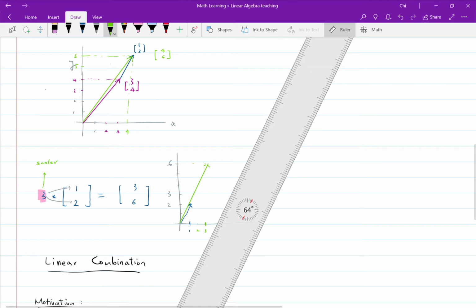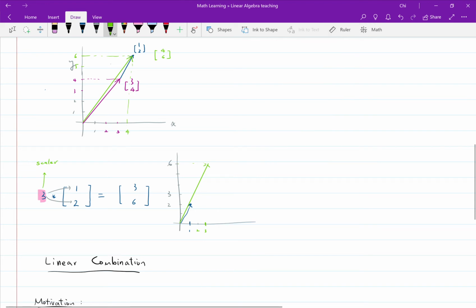So again, this is not a perfect graph, but if it were a perfect graph, what you should see is that this blue line is actually part of the green line. Okay, now it's part of it. I coerced it onto it, but okay.